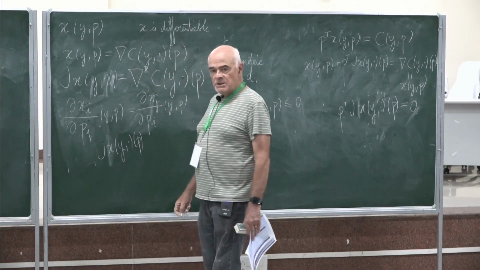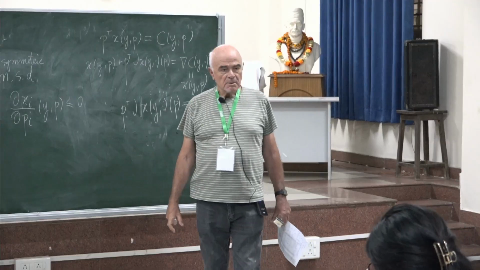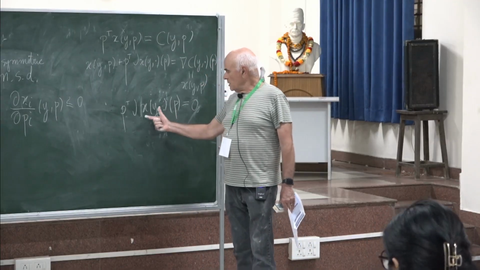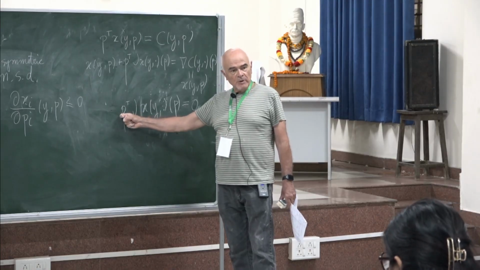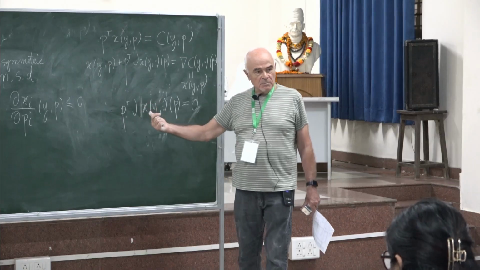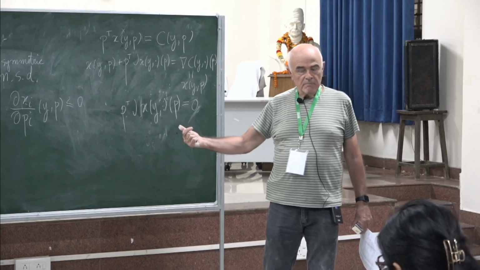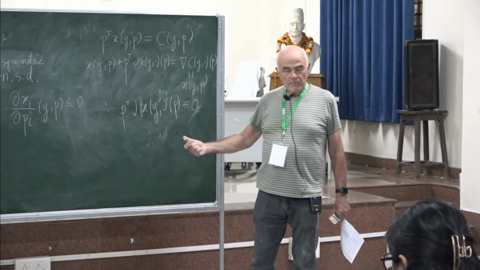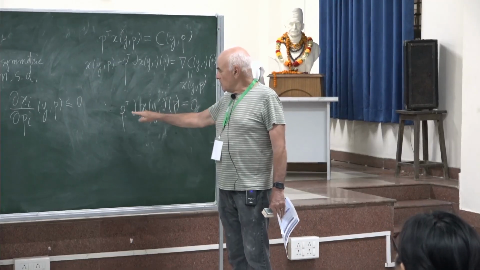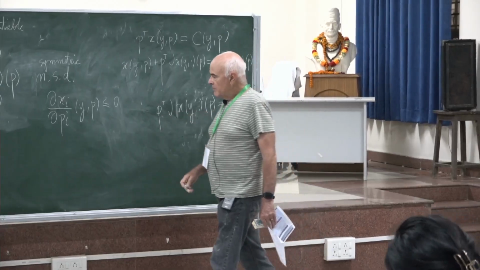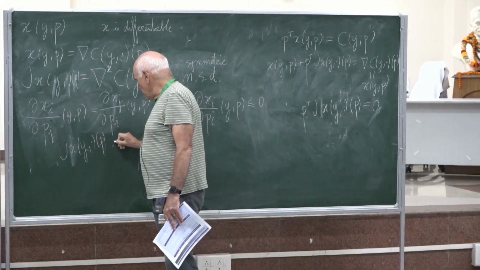So, what can we say about this matrix? You have a square matrix which multiplied with a non-zero vector gives 0. So this matrix is singular. If this were non-singular, then the only solution to this equation would be p equals 0. So the Jacobian matrix of the input demand function is singular.